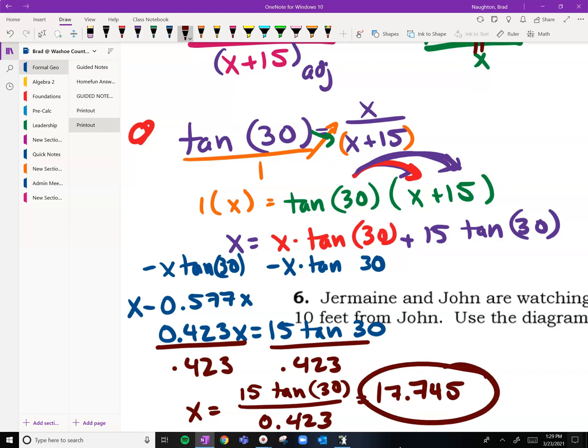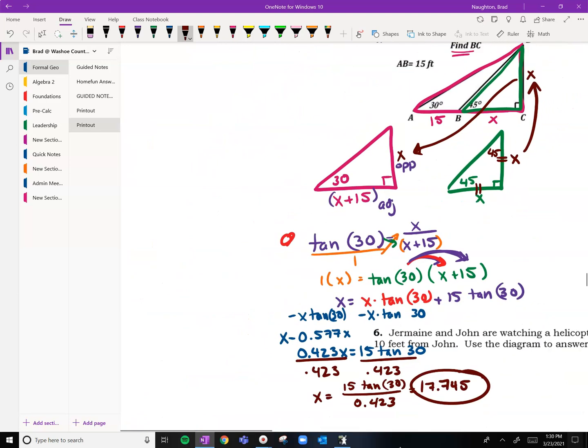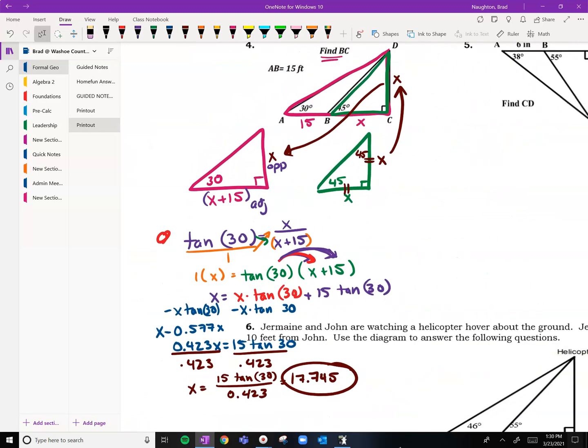So notice, ladies and gentlemen, we do have some substitution that has to go down. And that's why drawing the two triangles is crucial. Okay? Don't get so crazy about the algebra. Once you got to this space right here, notice all the tangent 30s that you have.